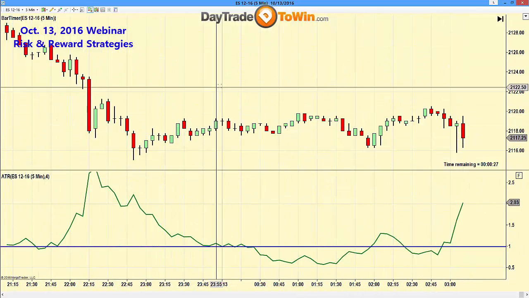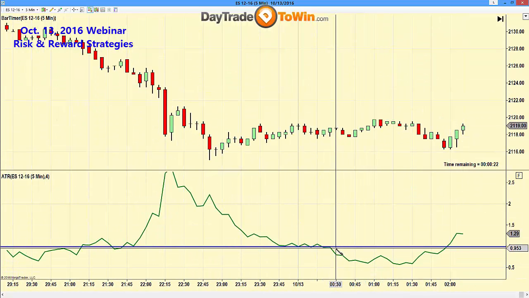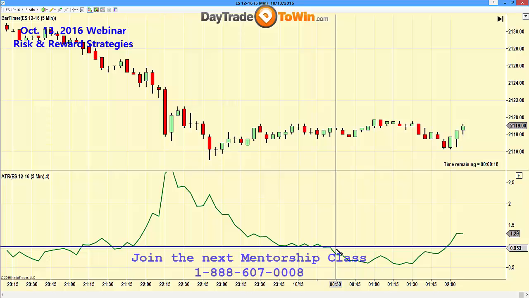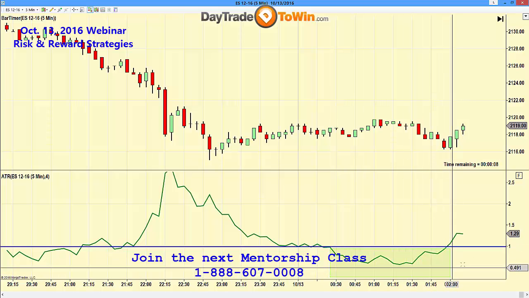So if you take a look at when the market is a little bit slower, so this is overnight, last night, and remember, this works the same way on every market. This is not specific just to the E-mini. This is a universal price action method of looking at charts. When the typical market is slower than normal, I need to understand it and I want to stay out of it.